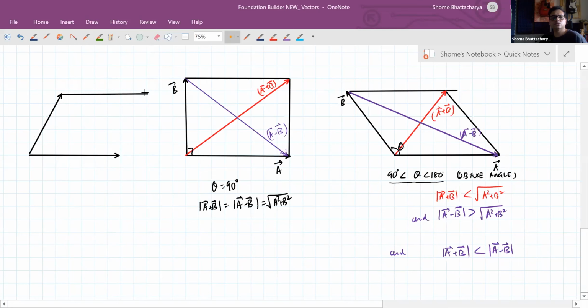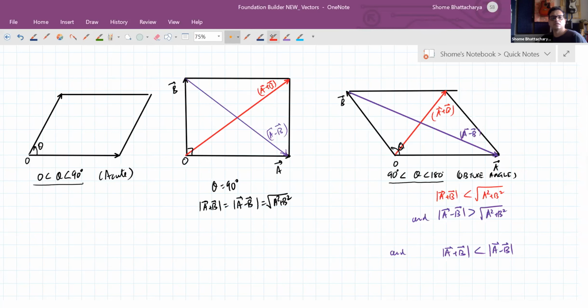Now, if you compare these two parallelograms, it's easy to understand that now the primary diagonal has got stretched. This diagonal, the sum diagonal, the one from the origin to the opposite side, that has become longer. So in this, theta is less than 90 degrees, greater than 0. So it's an acute angle case.